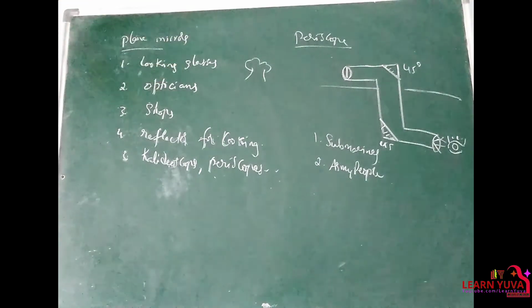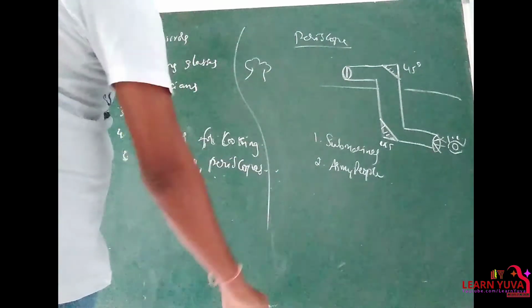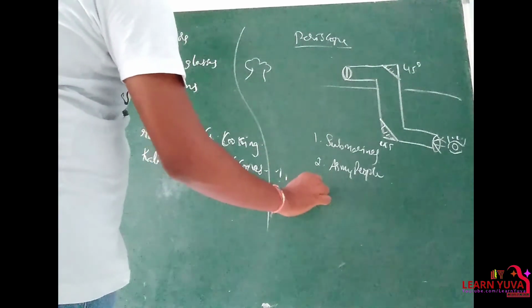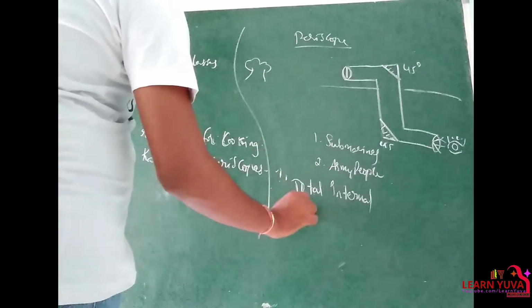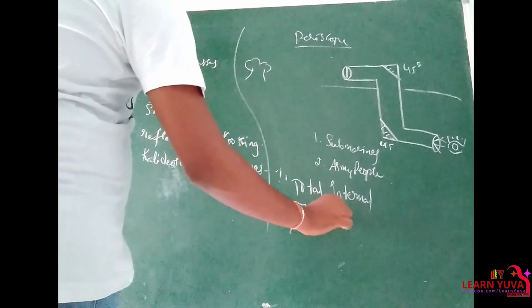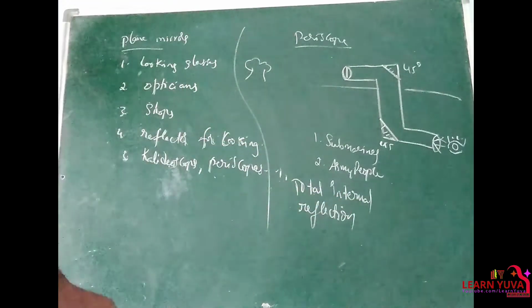So this periscope works on the principle of total internal reflection. So let's see how it works.